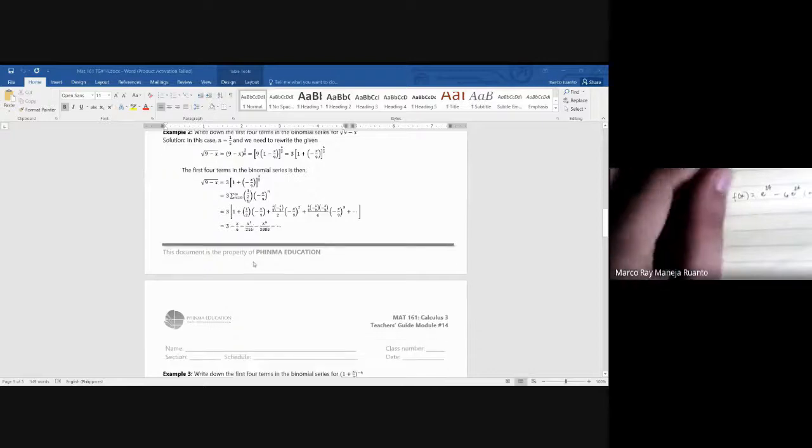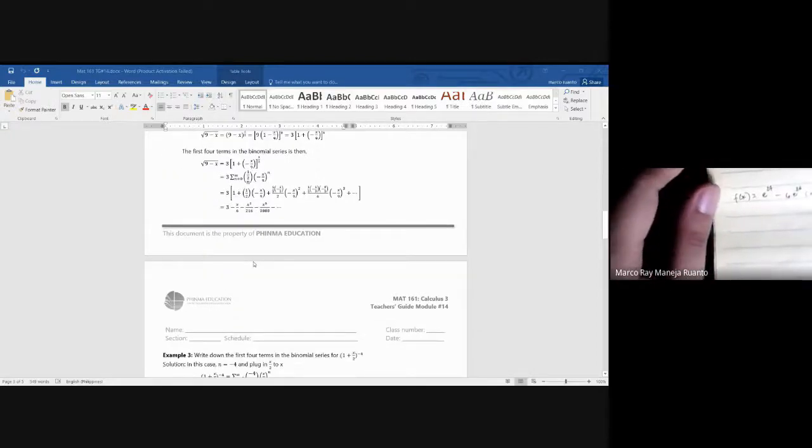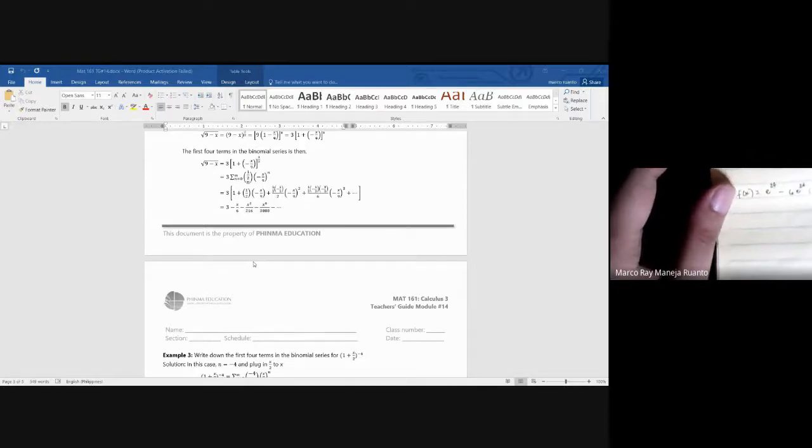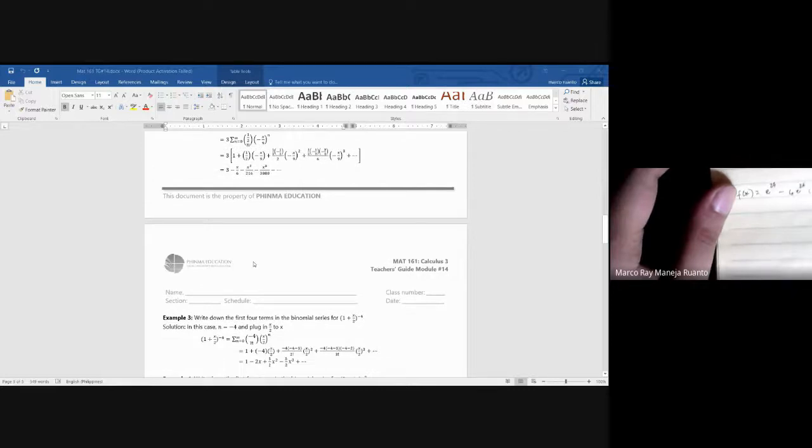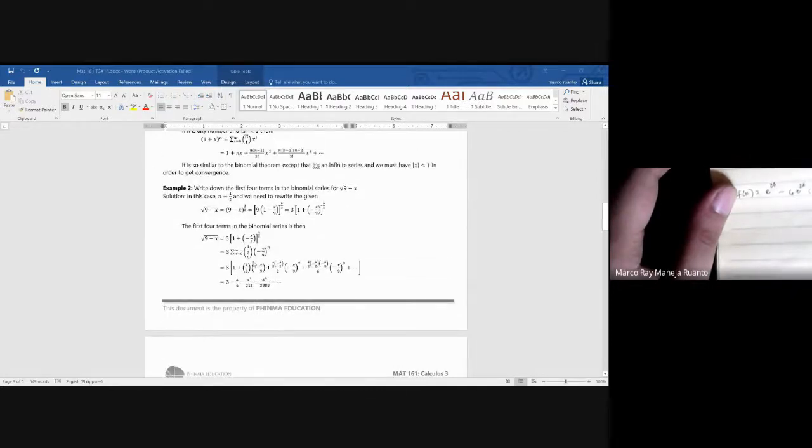Anyway, this will work in class if you have a binomial term expressed in terms of 1 plus x to the power of n.